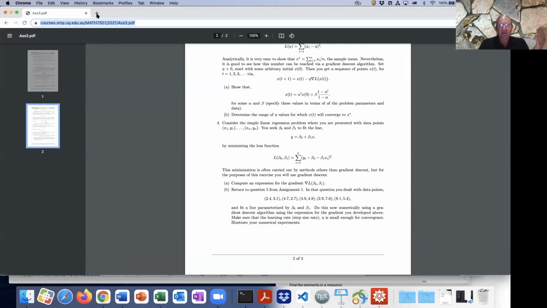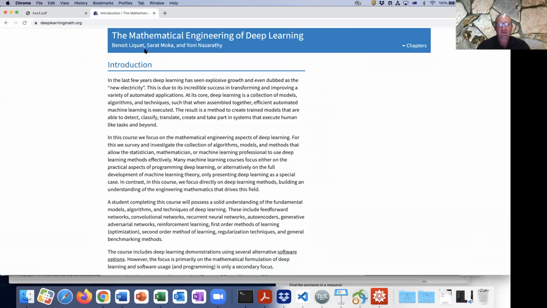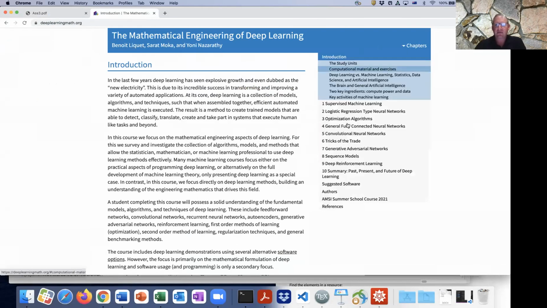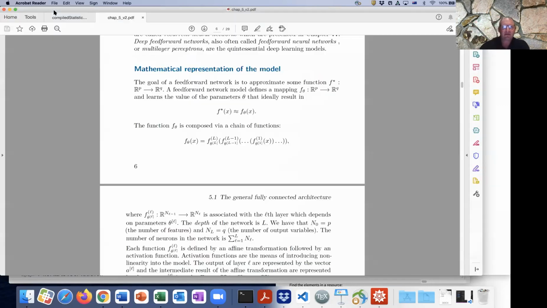The resources you see here are related to, if you go to this website of Benoit Lequin, Charles Mock, and myself, Deep Learning Math, you'll see some information here, but it's in so many other places. And you guys are busy now. It's the last week of semester, so it's not time to look at other things, not before you've done all the assessments you need to do in the preparation, things like that.